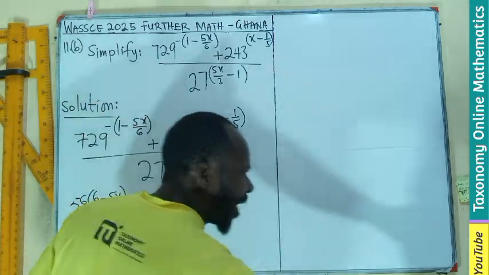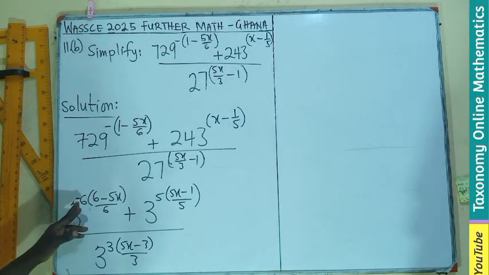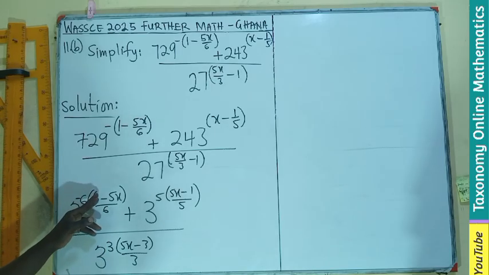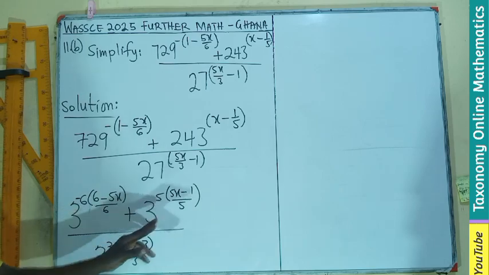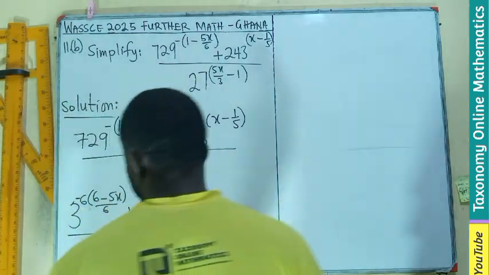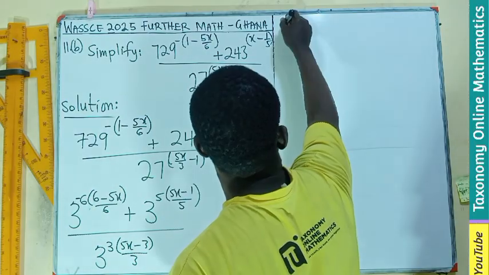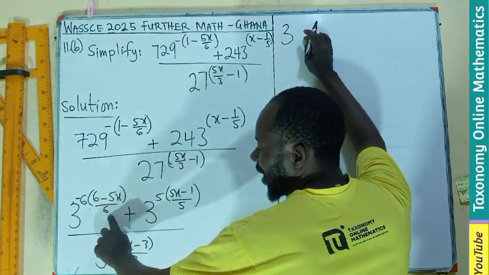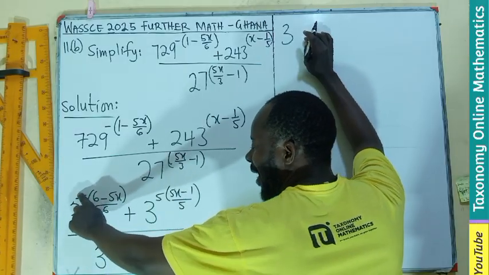So a careful look at the exponents: you can see that the term outside the bracket can actually divide all of them. So this can divide this, and this will also divide. So we should be left with 3 exponent, this negative is not cancelling here, so only here. The 6 is cancelling this, remaining negative 1.